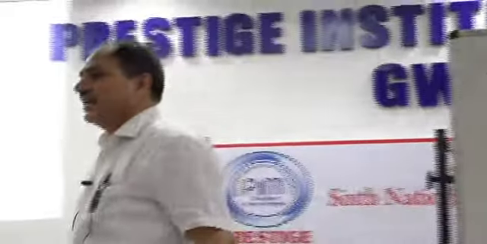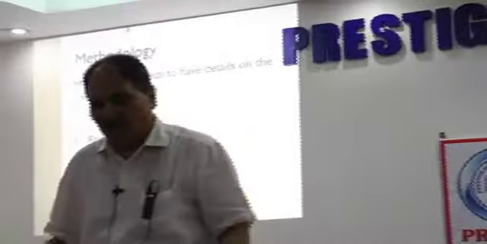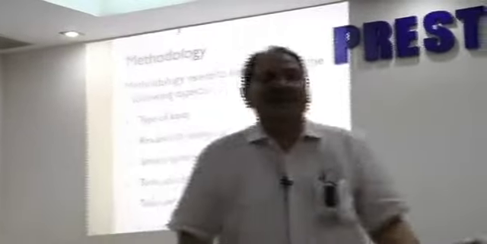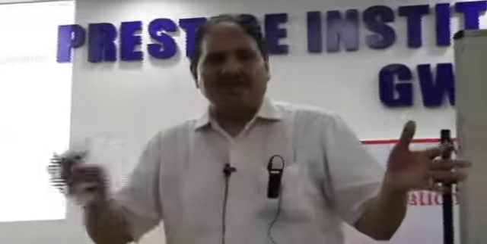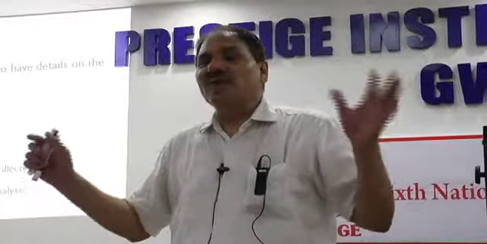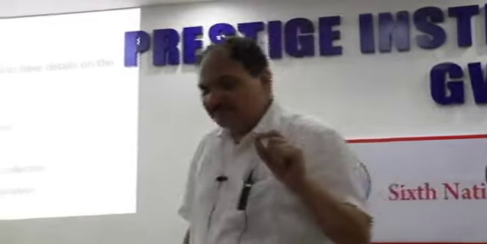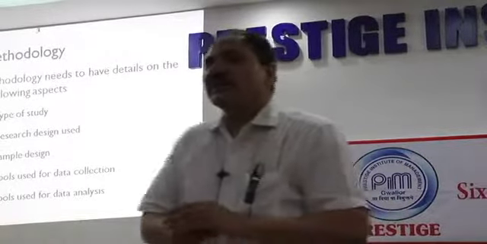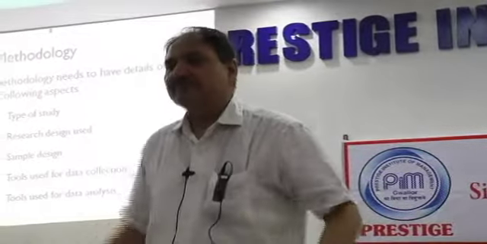That means data has been collected simultaneously on all the variables, or data has been collected at various points in time on the variables. That is one part. Second part you would write is how you would divide the respondents.